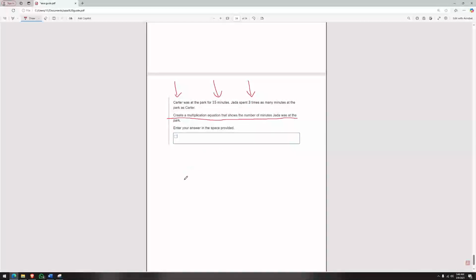Pues we know Carter estuvo 15 minutes. And she was 3 times more. A ver. 15, 30, 45. Pues 15 times 1, 15 times 2, 30, 15 times 3, 45.